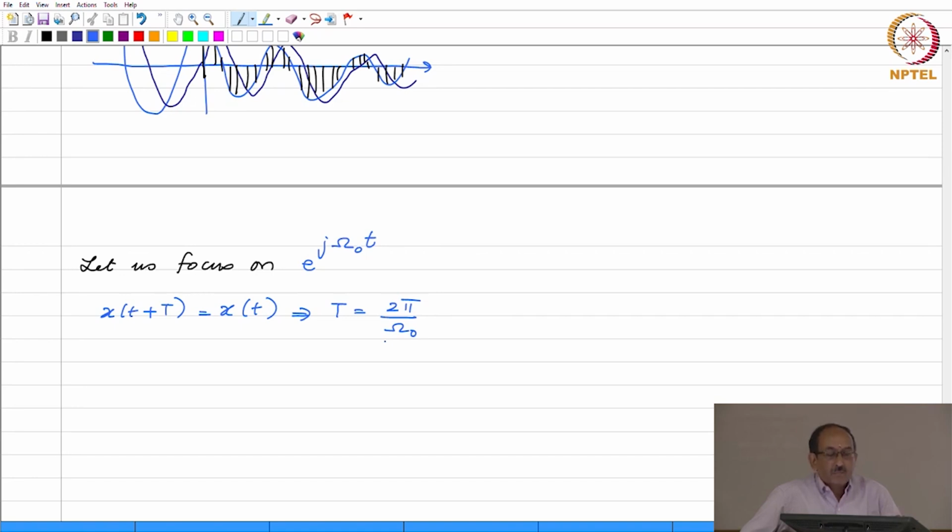No, remember cap T is the smallest number for which this is true, right? So, this is not fully correct, there is something not quite right with this formula for cap T. Suppose omega naught is not 0, is this still correct?